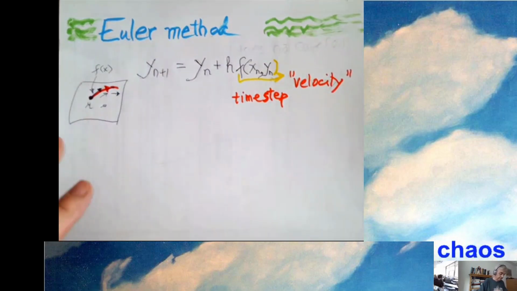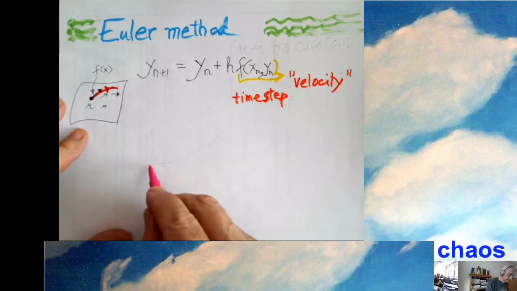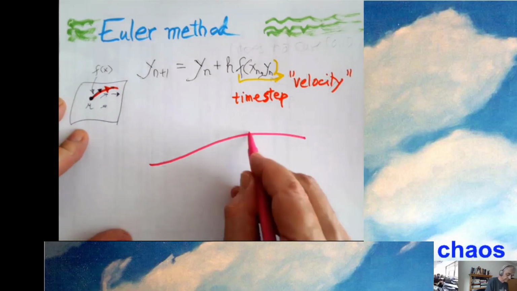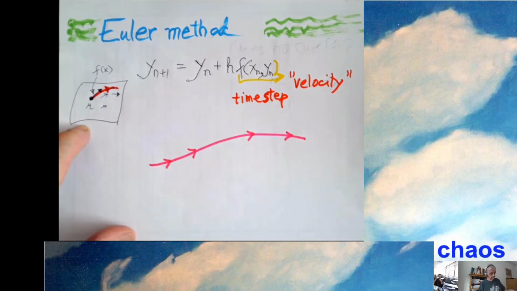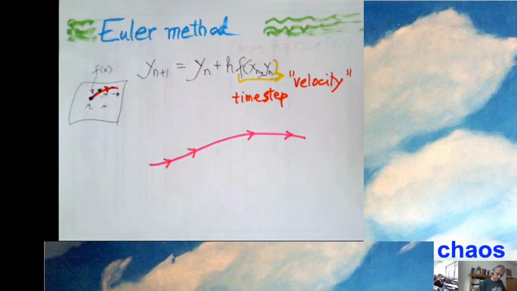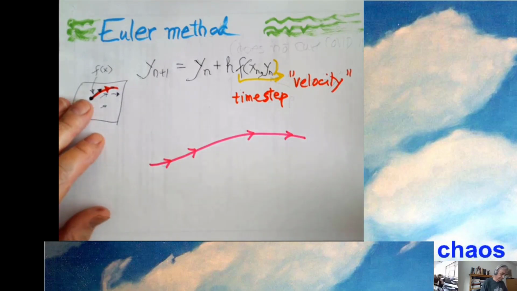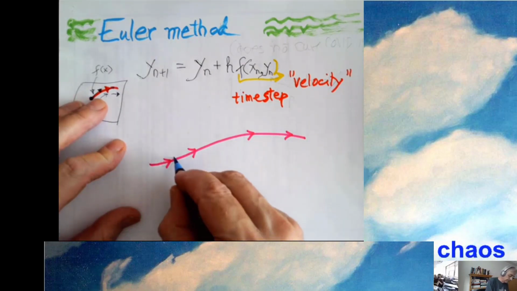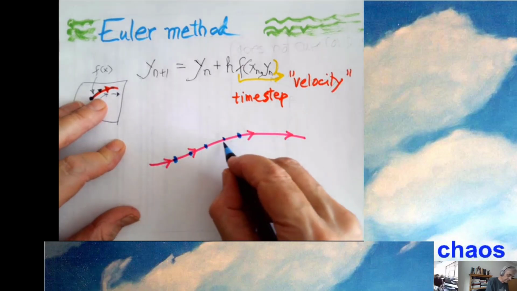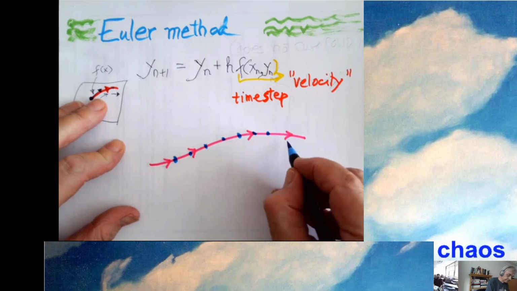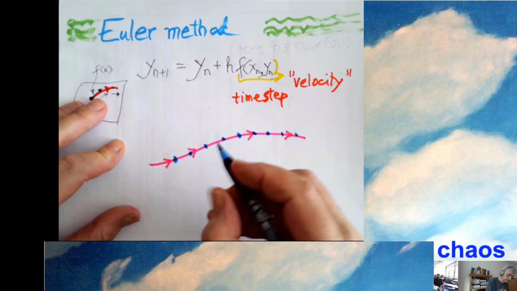So it says I have a trajectory. I'm going down Interstate 80 or something. And at every instant, I'm provided the direction and velocity I'm allowed to do.